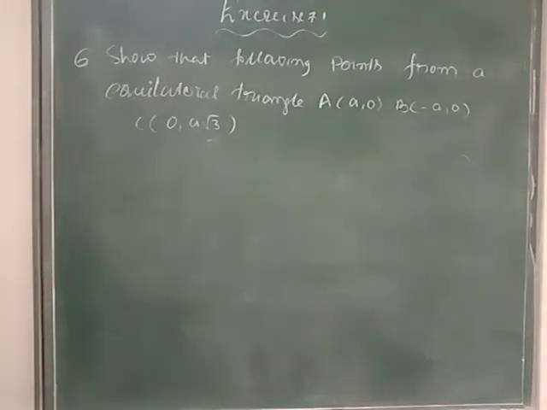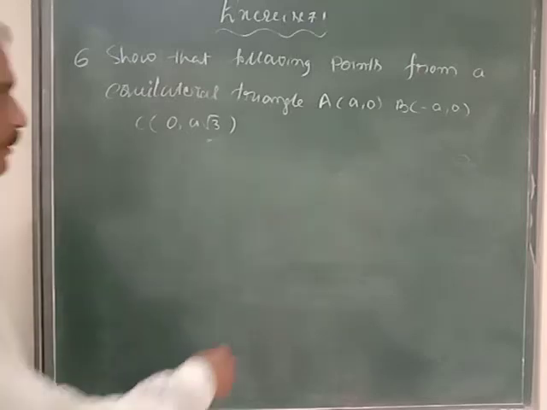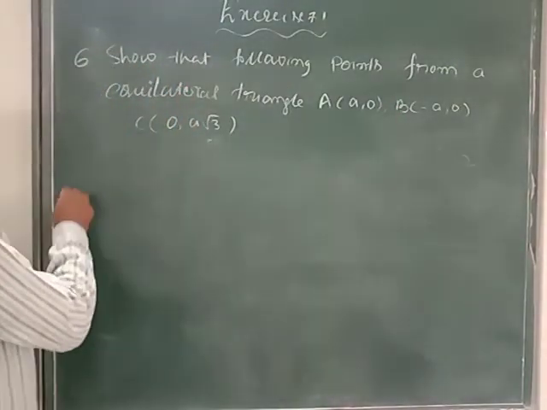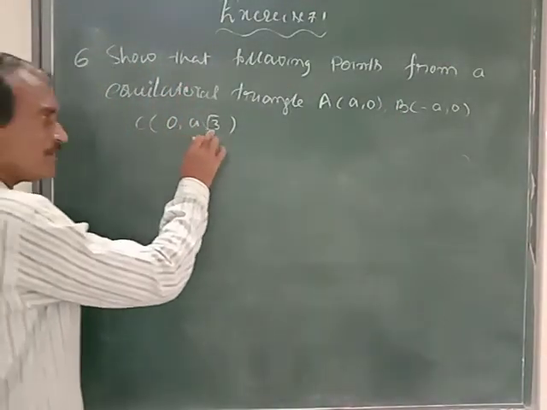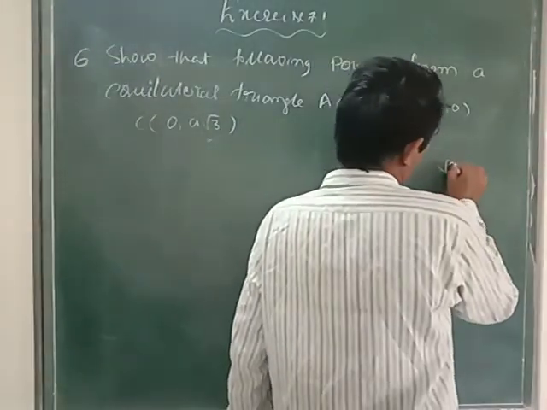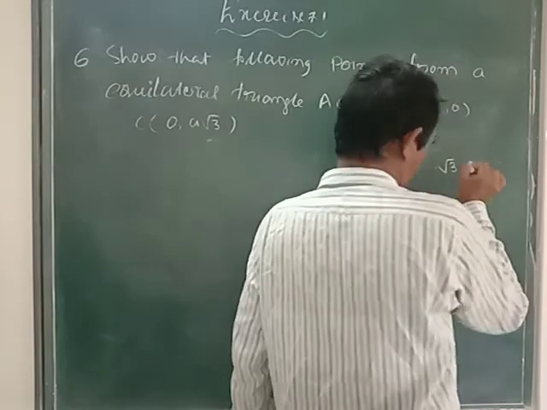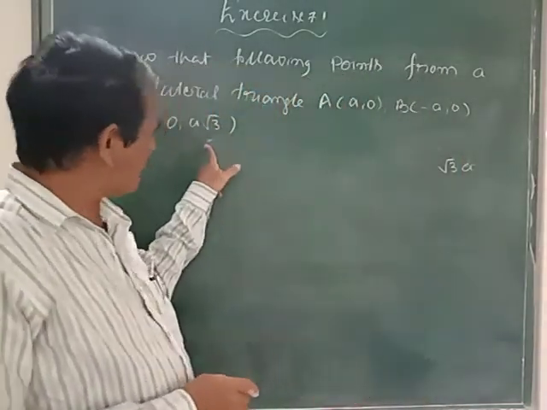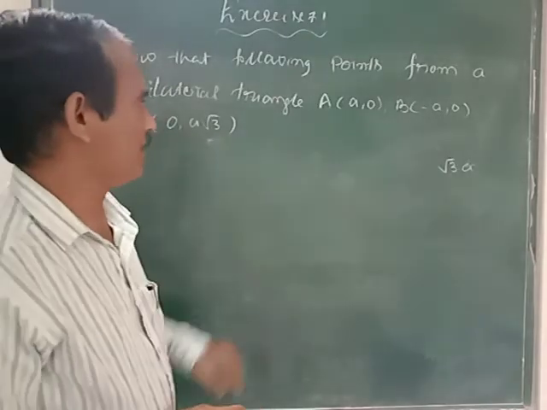Show that the following points form an equilateral triangle. A point is A, 0, B point is minus A, 0, and C point is 0, 0. Sometimes you will get confused about the root 3, but it is clear that it is given as A root 3.